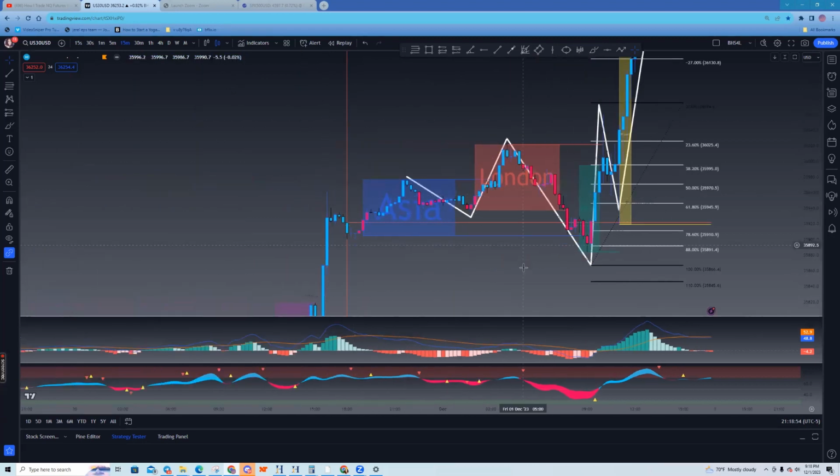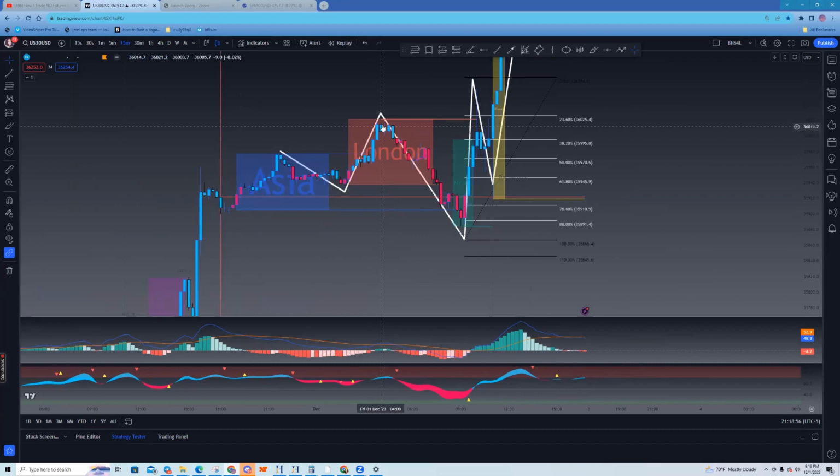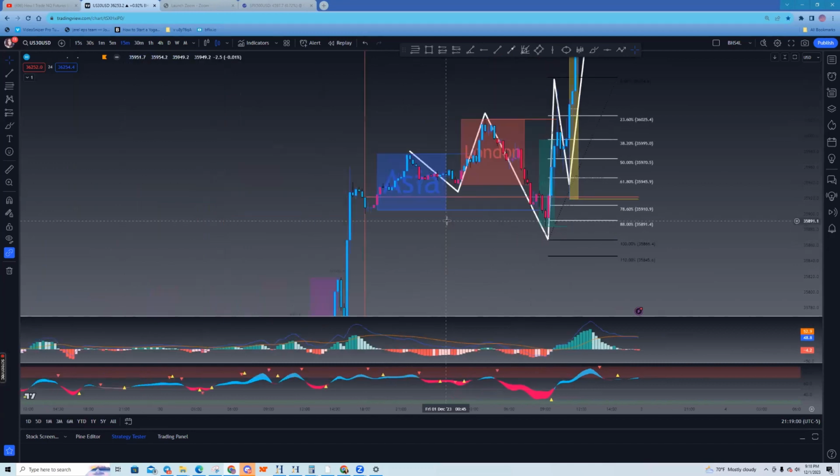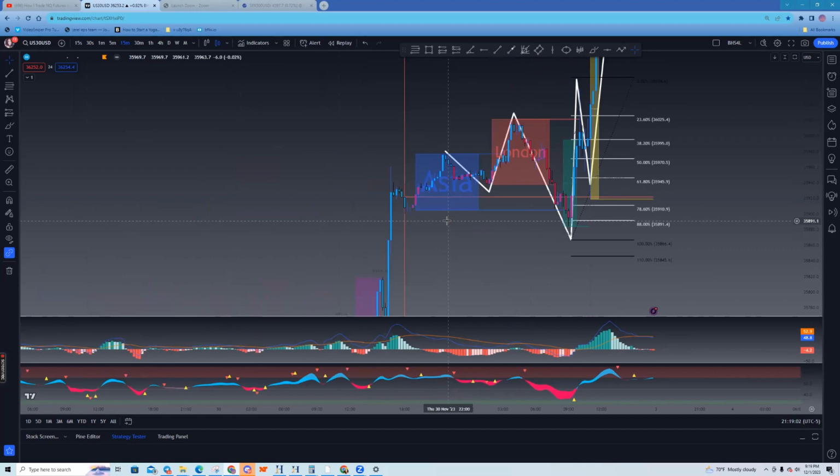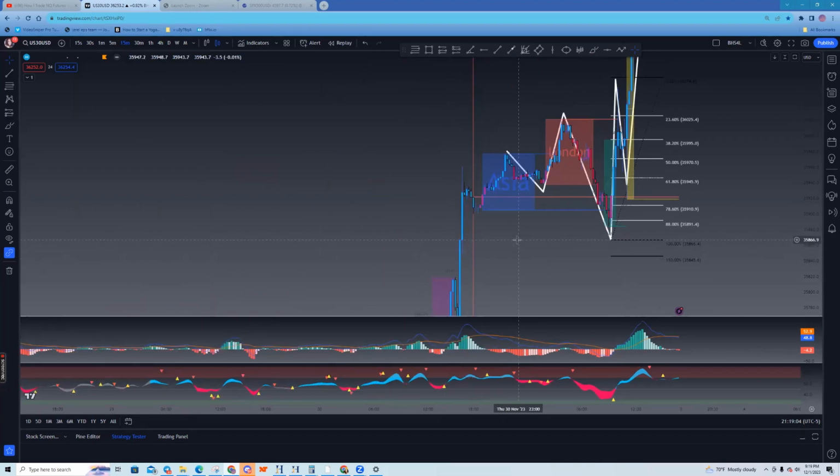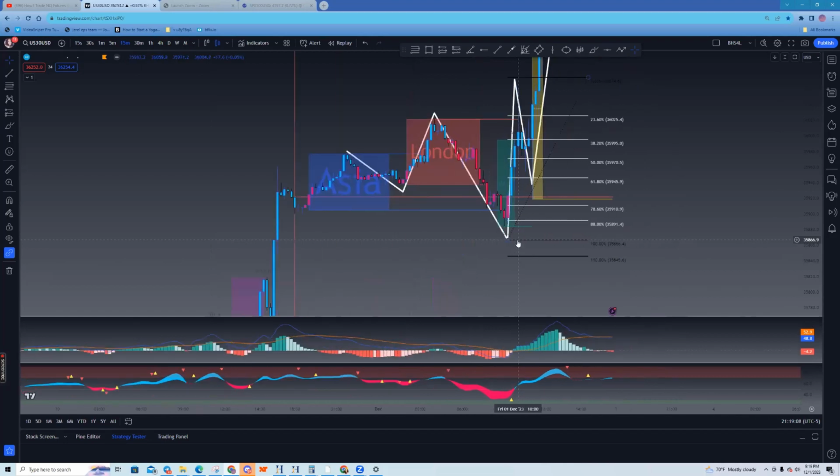The reason why I'm not counting structure being broken down at all is because you have to take into consideration liquidity being grabbed.